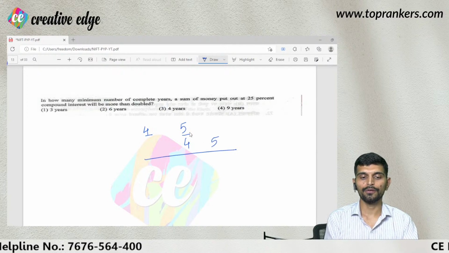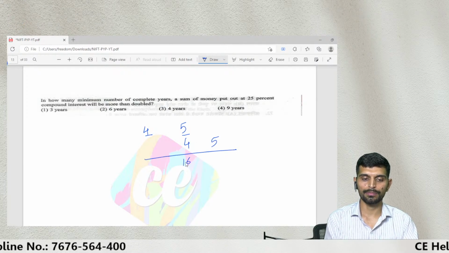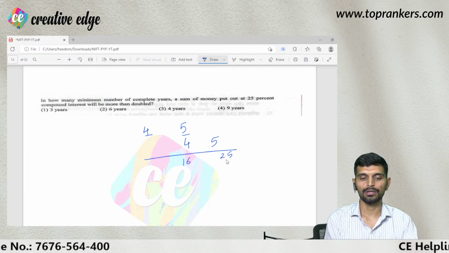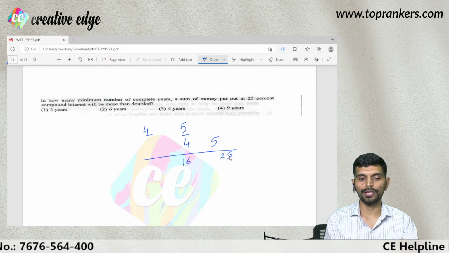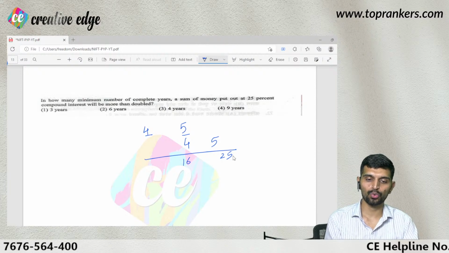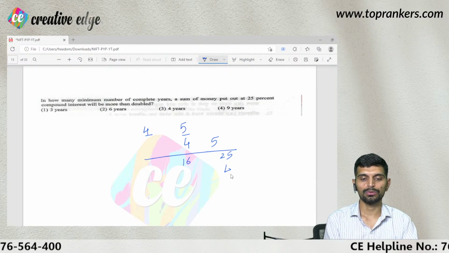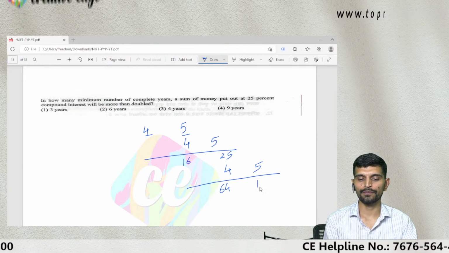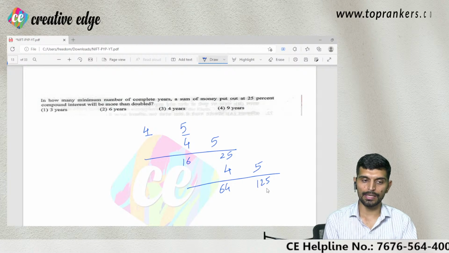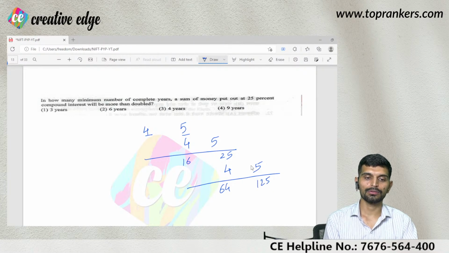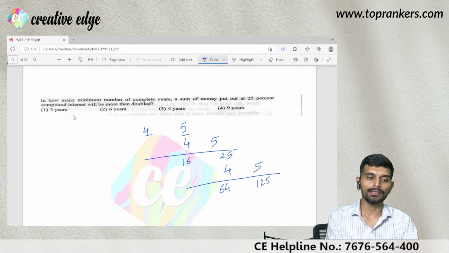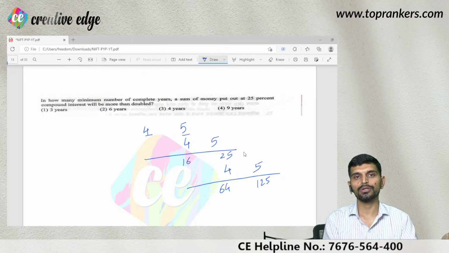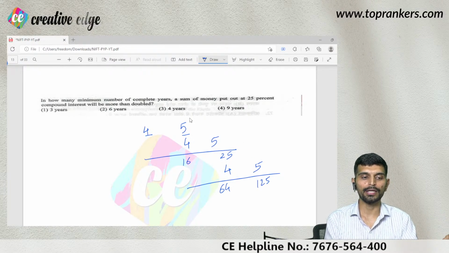So at the end of 2 years, the principal was 16, then the amount would have been 25. So that is not twice. So now 4 times 4 is 16, 16 into 4, 64, 25 into 5, 125. It is still not. So at the end of the third year also, I don't have the money doubled.